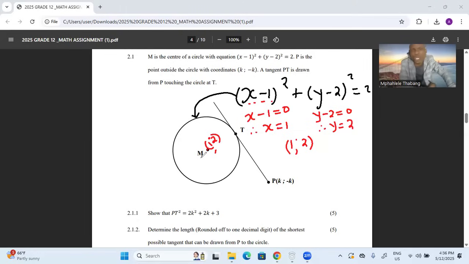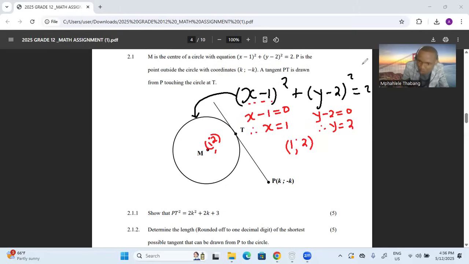Now, from the equation of the circle, we can also identify the radius. Let's go to this equation, (x minus 1) squared plus (y minus 2) squared equals 2.